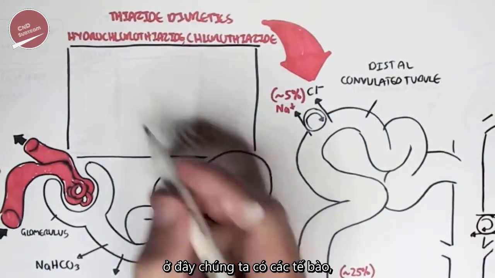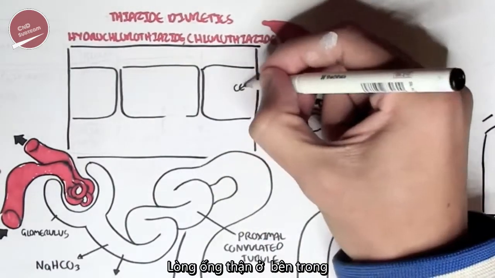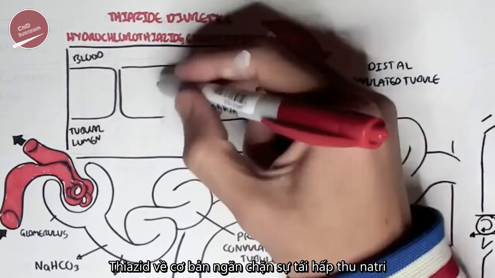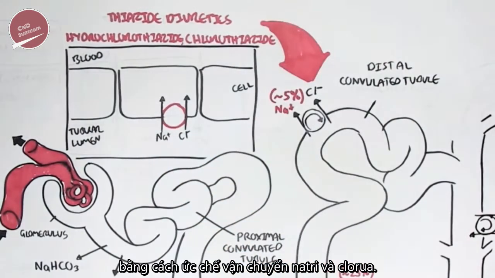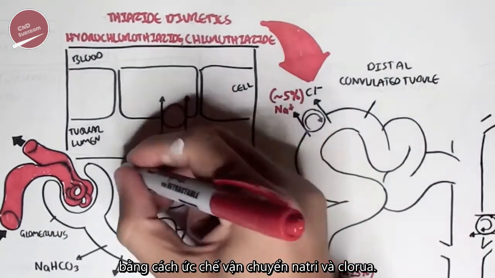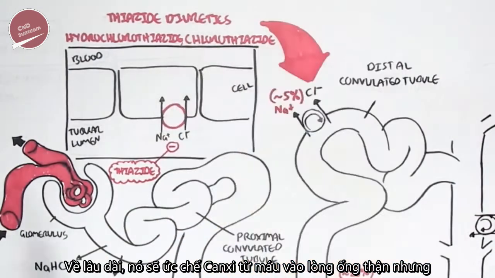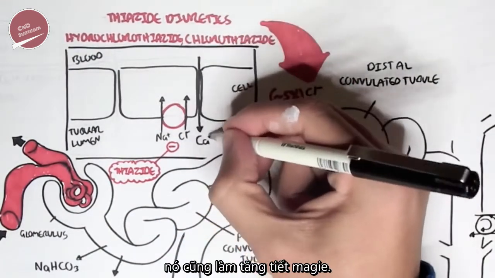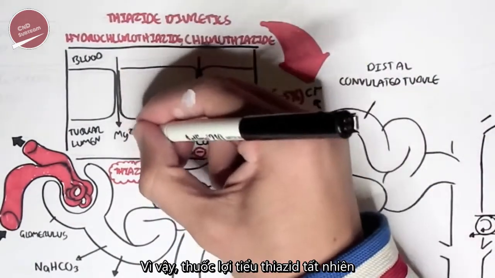So here we have the cell, with the blood on the outside and the tubular lumen on the inside. Thiazides essentially prevent sodium reabsorption by inhibiting this transporter of sodium and chloride. In the long term, they will actually inhibit the secretion of calcium from the blood to the lumen, but will promote the secretion of magnesium.